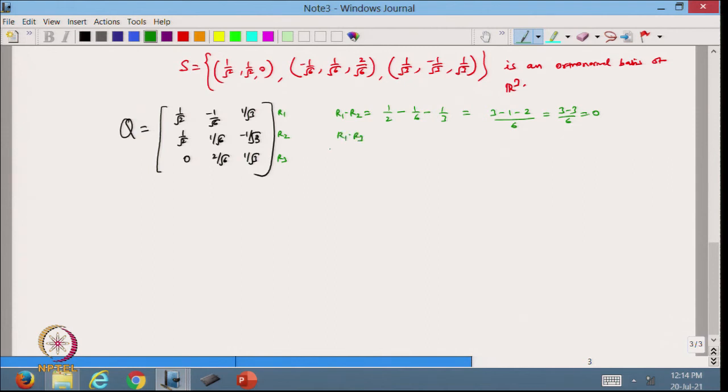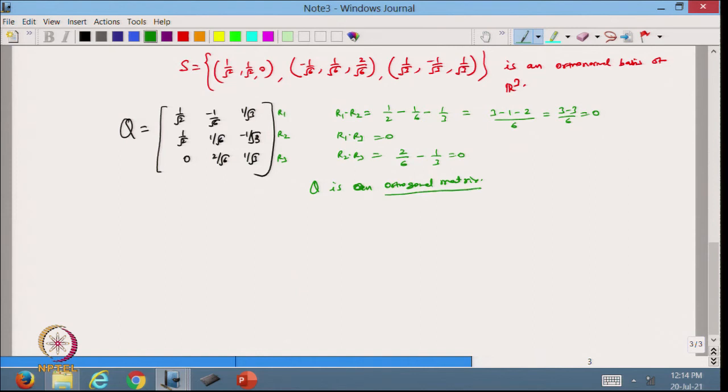R1 dot R3 we can take, so this is again minus 2 and minus 2, so that will also be 0. And R2 dot R3 is also orthogonal, because here it can be 2 by 6 minus 1 by 3, so it is 0. So, from here I can say that my Q is an orthogonal matrix.